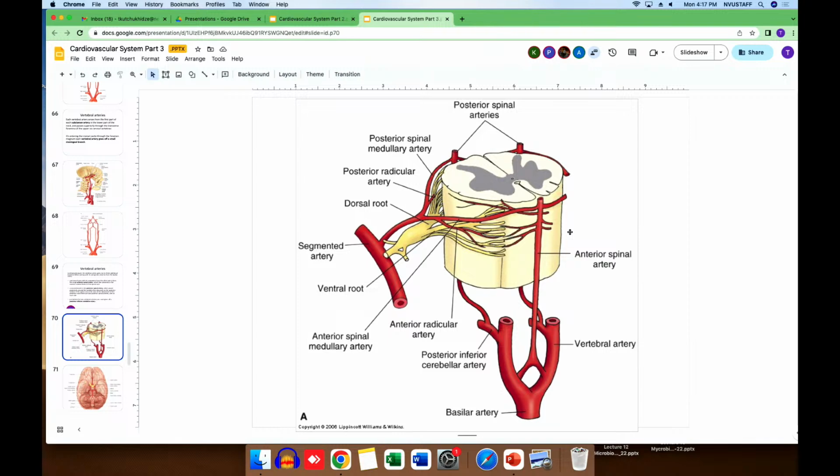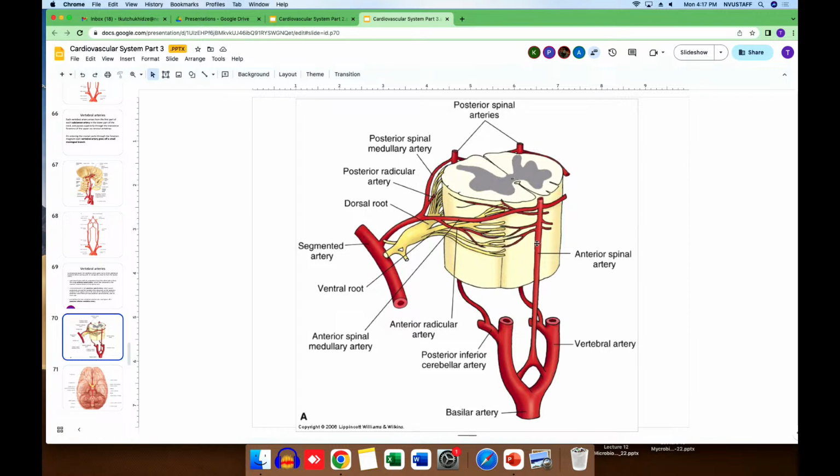And we have another branch, the second branch, which gives us the posterior spinal arteries, which pass posteriorly around the medulla and descend on the posterior surface of the spinal cord in the area of attachment of the posterior roots. And we have not one, but 2 posterior spinal arteries.